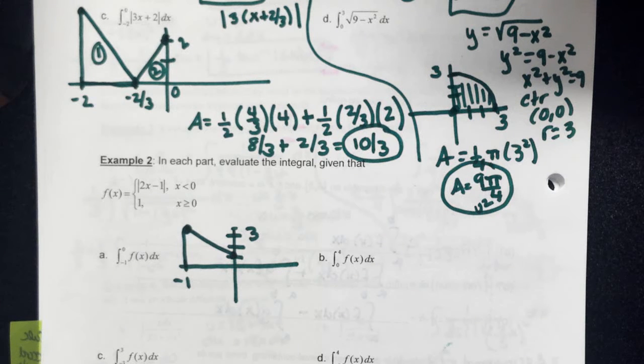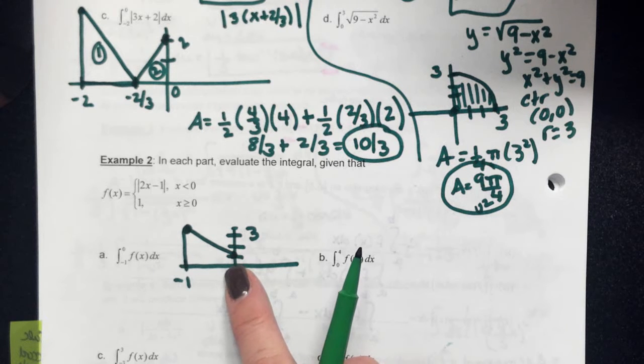My vertex is not hitting the x-axis. Nowhere between -1 and 0. Is this a triangle? No, it's not. So what you may have to do is take this region and divide it up into two other types of geometric shapes. Does anybody see what type of shapes I could divide this region into?